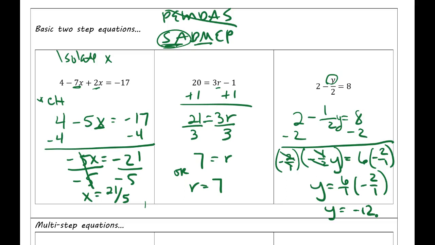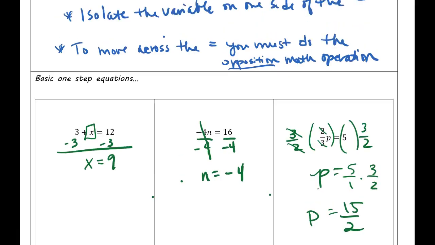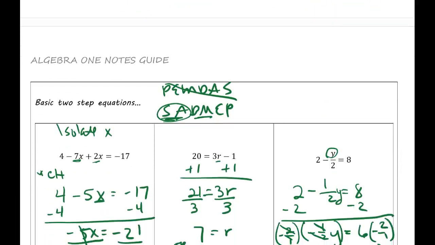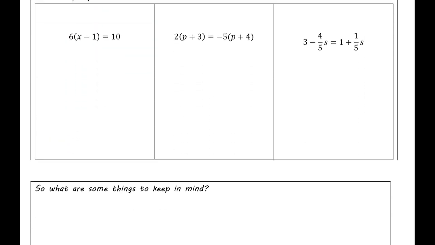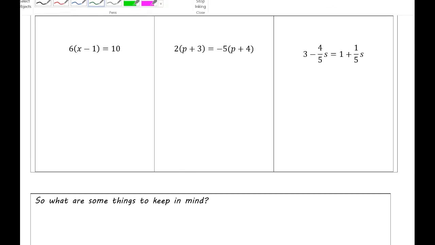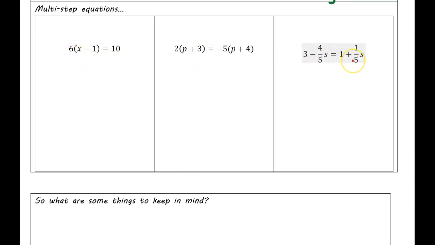Alright, cool. Hopefully this is going pretty well for you. We're going to do some multi-step now, so these are a little bit uglier. But it's only adding one component, and the one component that this section is adding is the whole parenthesis business, okay? So I know that like with PEMDAS we do what's inside the parentheses first, but when you're solving an equation that's got parentheses, you want to distribute first.